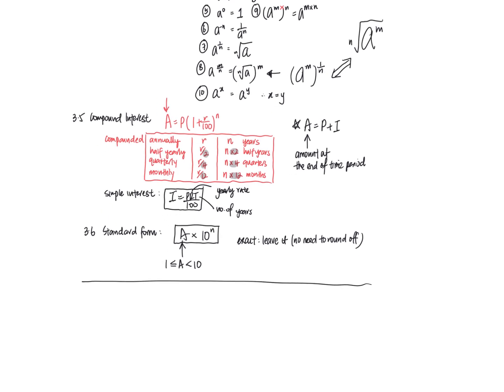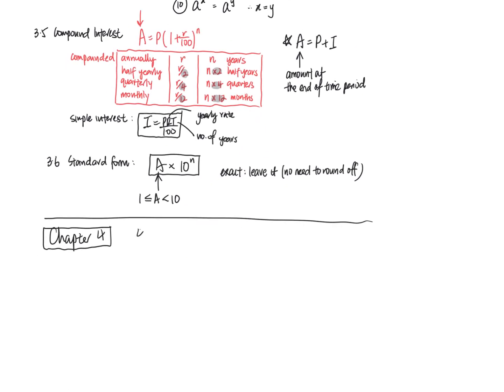Okay, next one is chapter 4, which is coordinate geometry. Okay, 4.1, gradient: y2 minus y1 over x2 minus x1. So it's rise over run. Take note, when it's downward sloping, your rise is negative.